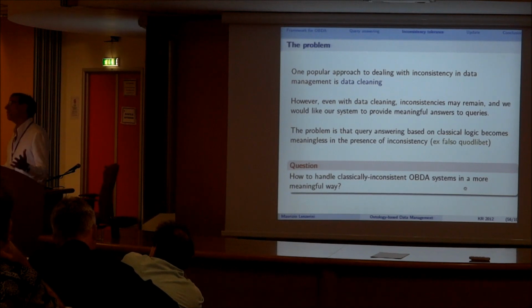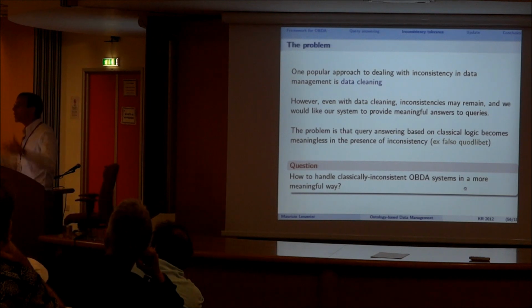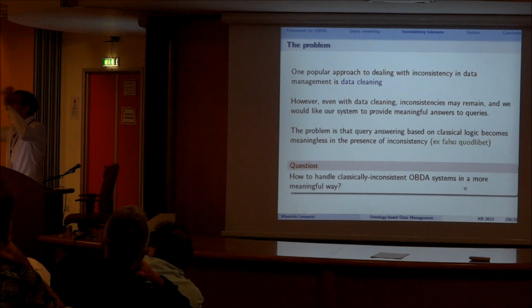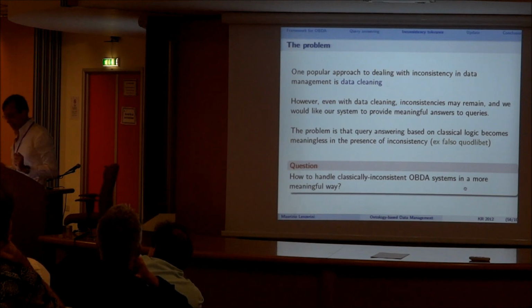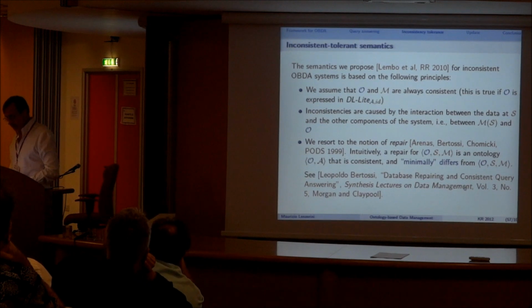Why? Because the data is inconsistent with the ontology. Okay, good, very good. They will disappear and they will never come to you. So the point is that we should do something about the situations where the facts of the database are incoherent with the ontology.